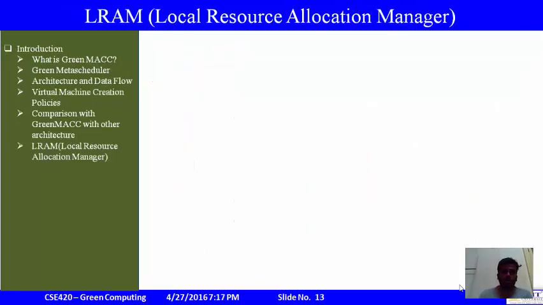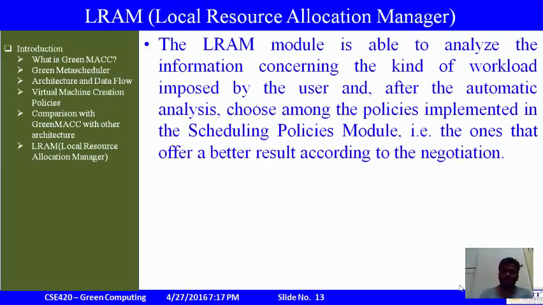Moving on, the next topic that we have is LRAM, which basically stands for Local Resource Allocation Manager. Now the LRAM module is able to analyze the information concerning the kind of workload imposed by the user, and after the automatic analysis choose among the policies implemented in the scheduling policies module, that is the ones that offer a better result according to negotiation.